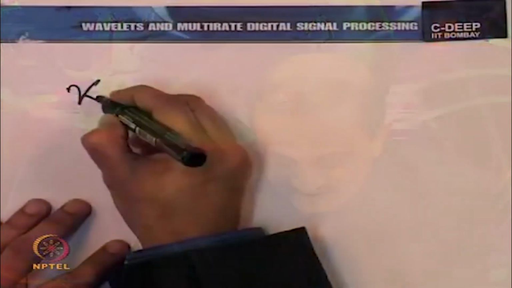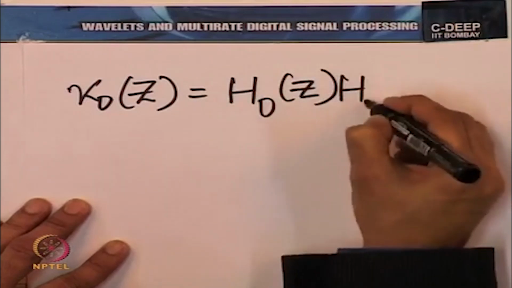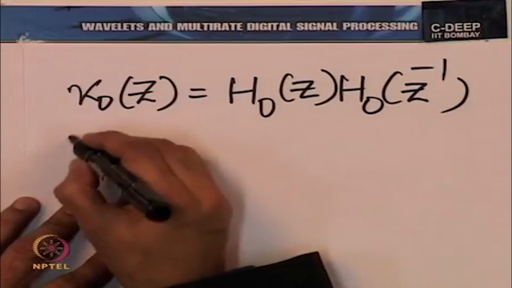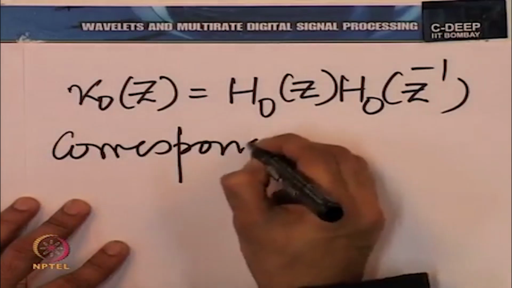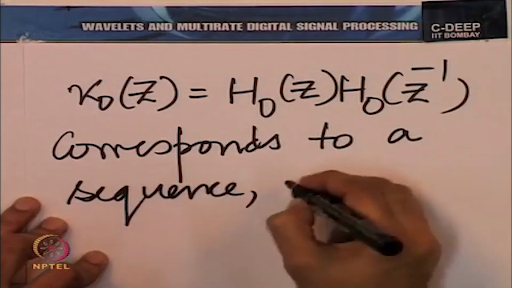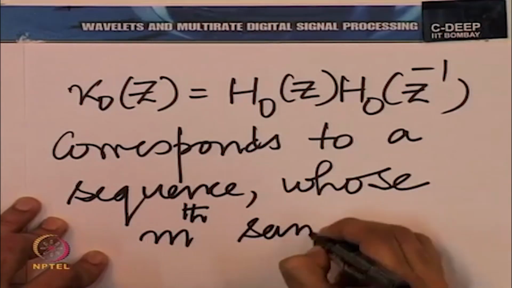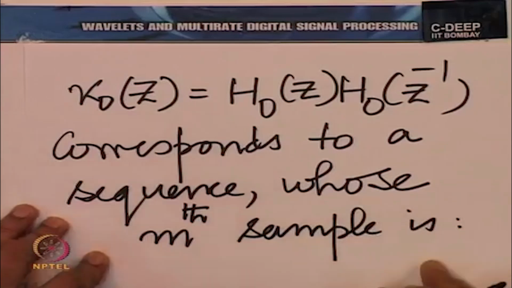Kappa 0 z, which is H 0 z times H 0 z inverse, corresponds to a sequence whose mth sample is as follows: the dot product of the impulse response corresponding to H 0 and the same shifted by m samples.